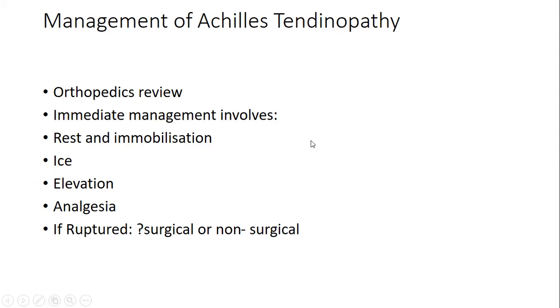So once that is verified, we go back to our imaging modalities. But as we get to the discussion later on at the end of the presentation, we'll discuss whether these modalities are really necessary, or this should be a clinical diagnosis in ER.